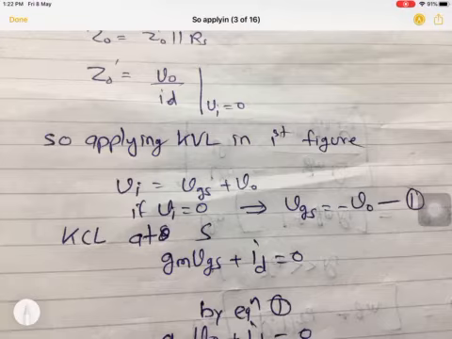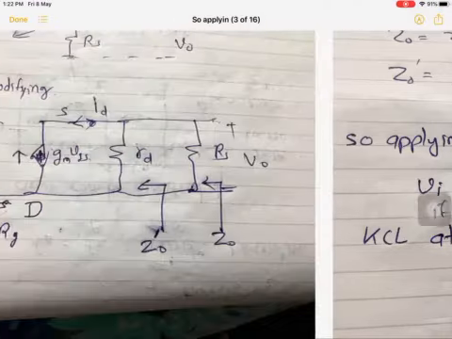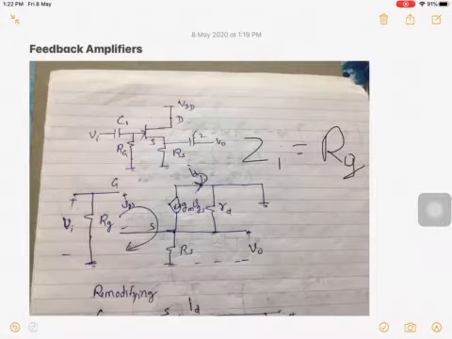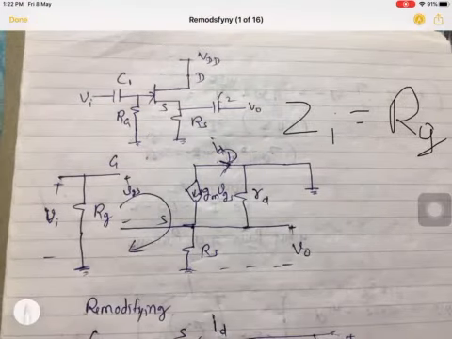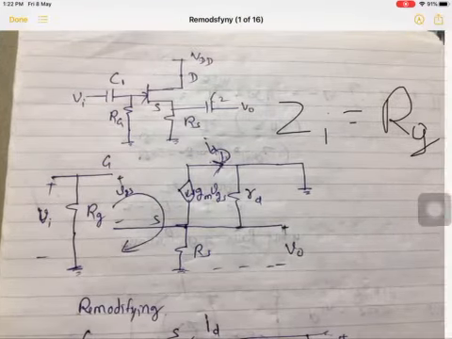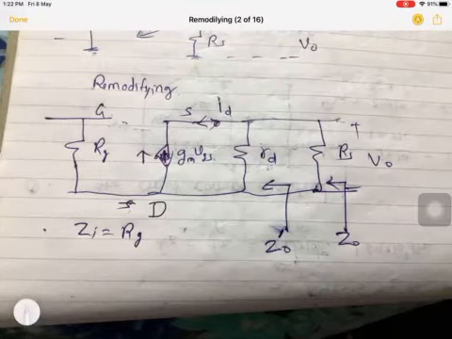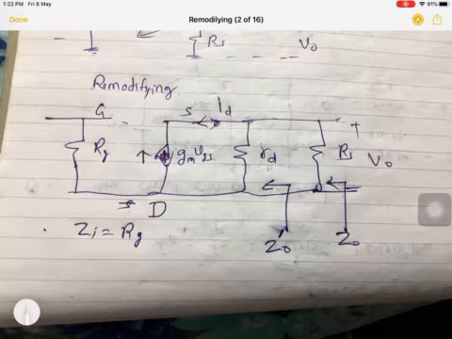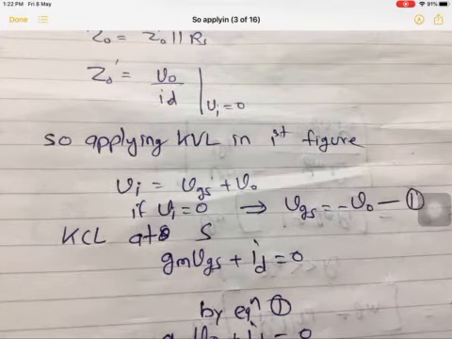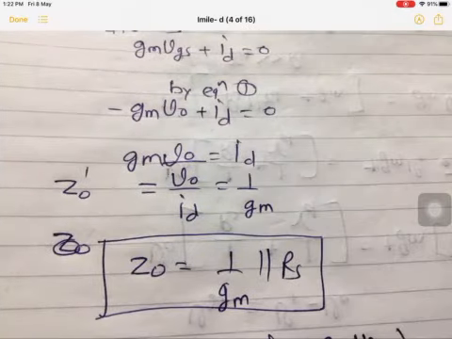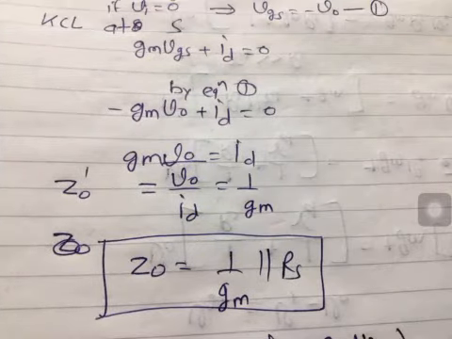Now applying KCL at the S node. At this node there are only two currents, gm VGS and ID, which are in opposite directions. So gm VGS plus ID equals 0.